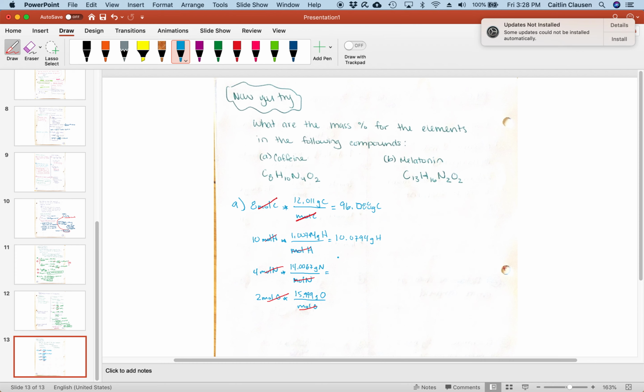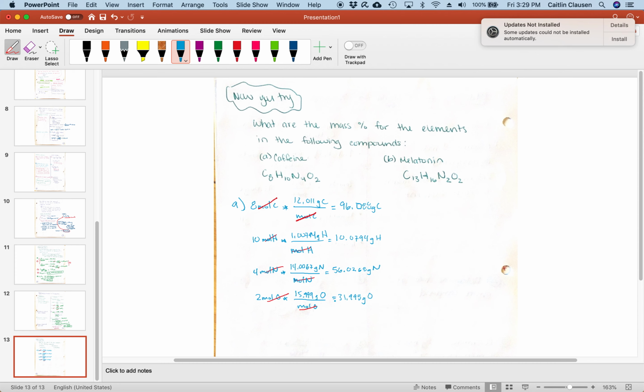And then 14.0067 times 4 will give me 56.0268 grams of nitrogen. And 31.998 grams oxygen.